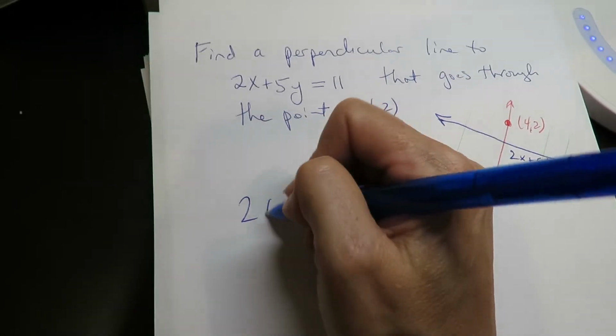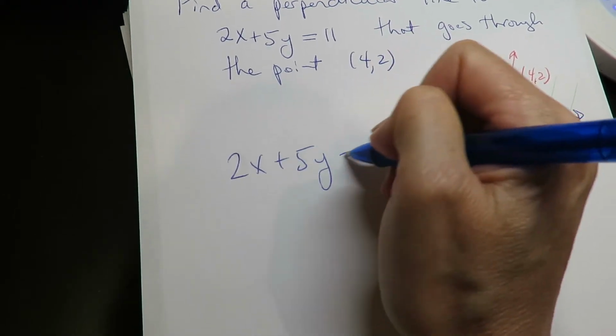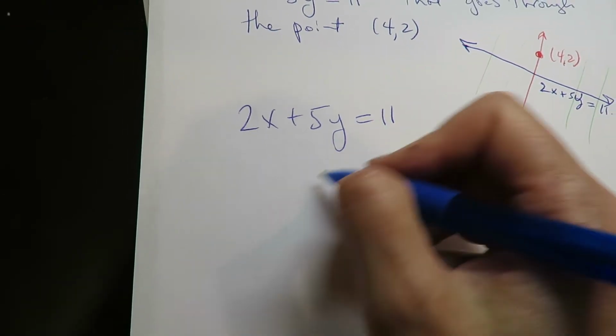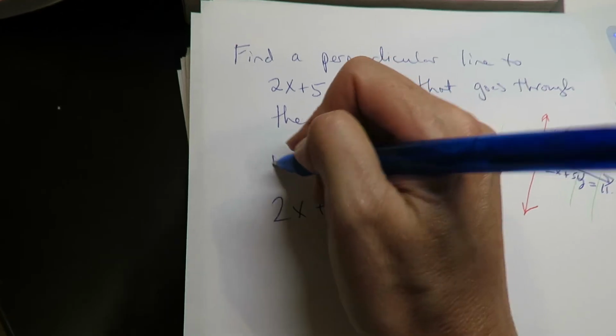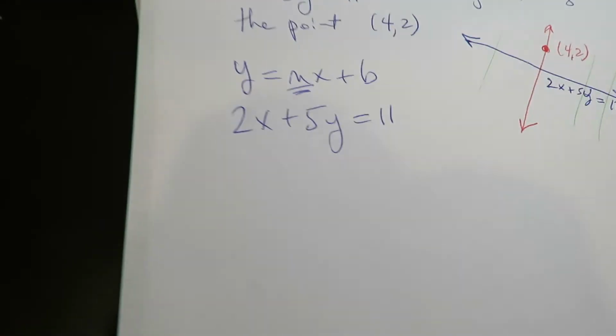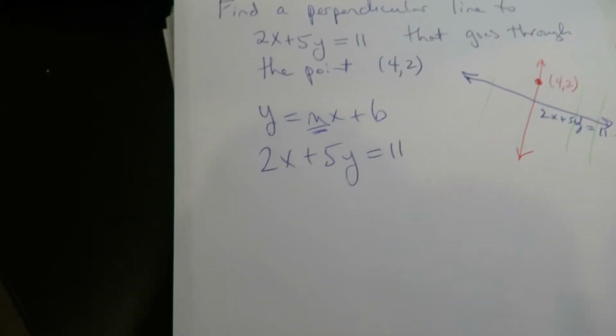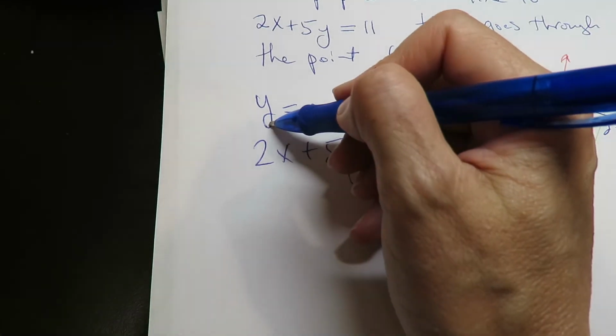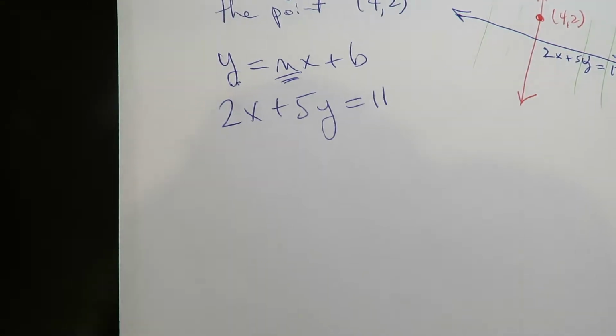So what I'm saying is you want to convert this form to be y equals mx plus b so you can see m. So let's do that. That means we have to get y by itself. We have to isolate y.